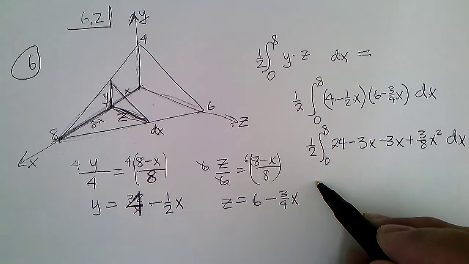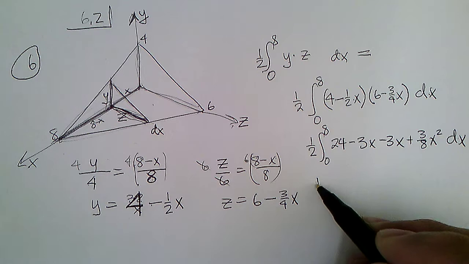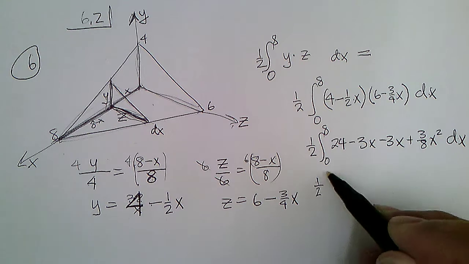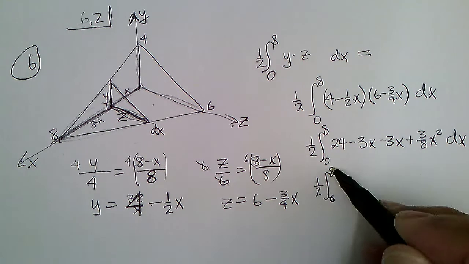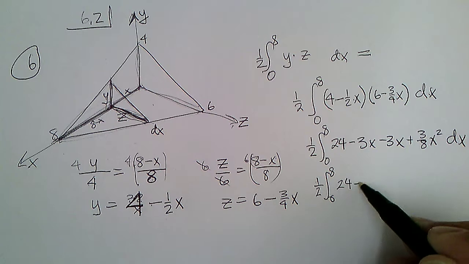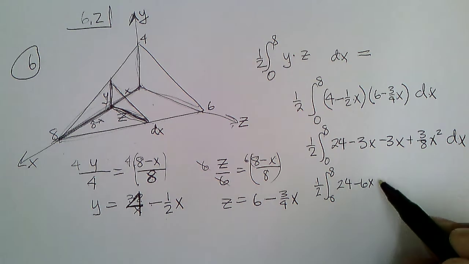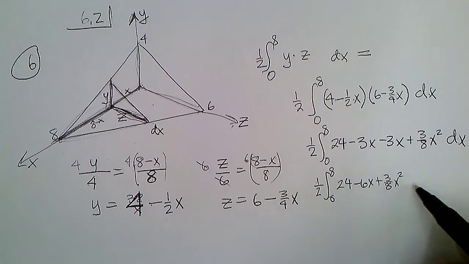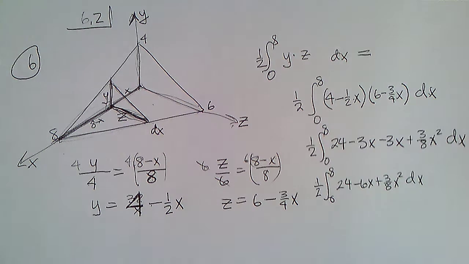So one more step of simplifying here. So I got 1/2 integral from 0 to 8 of 24 minus 6x plus 3/8 x squared. Now I can integrate that.